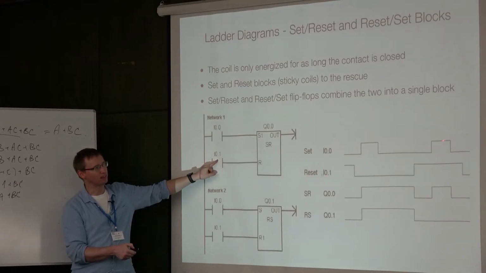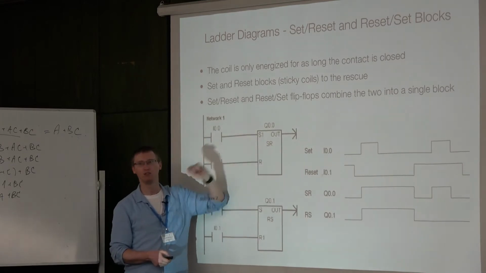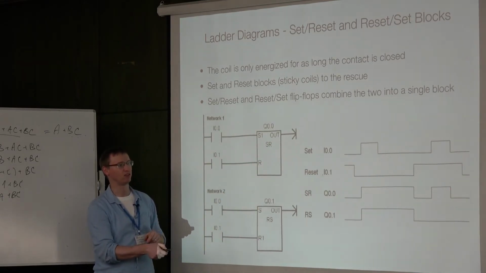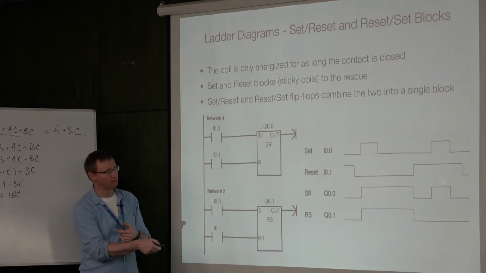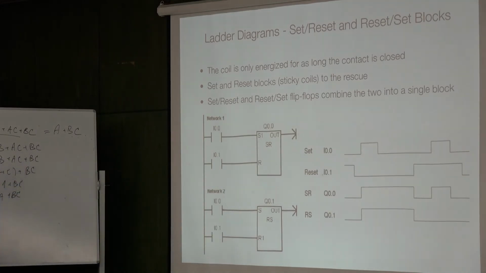If both the setting as well as the resetting signal are enabled, since we have a set reset block, which means set takes precedence, that's why the output here is energized. Okay? The reset set block is exactly the same, except in this racy period where, in case of both signals being active at the same time, resetting takes precedence, so the output stays off.